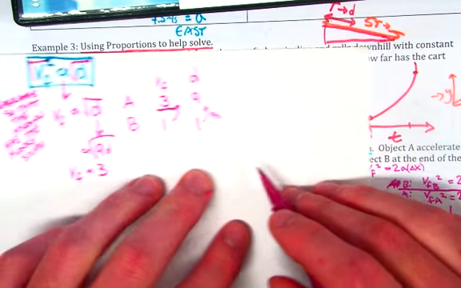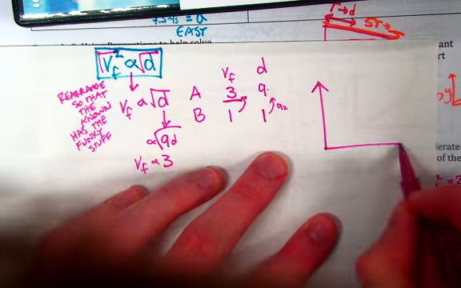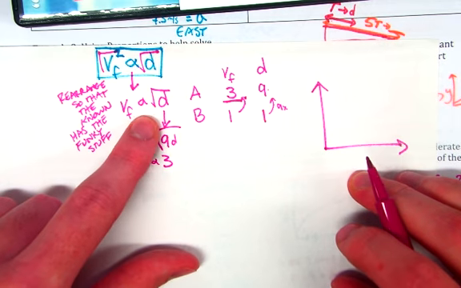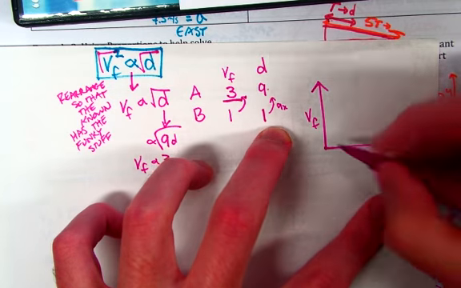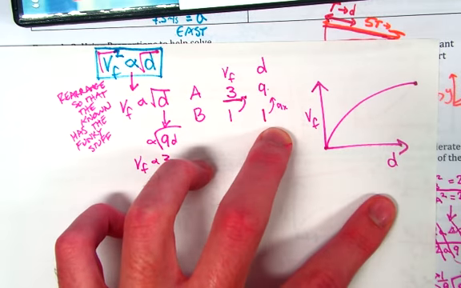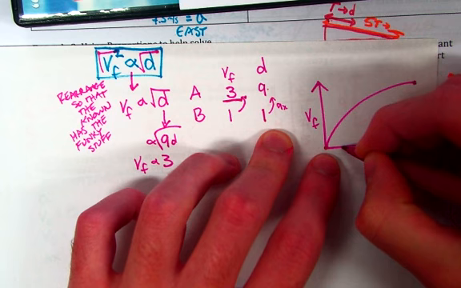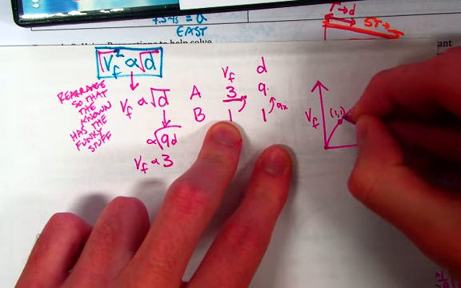Looking at it the graphical way, it's the same situation. I want to use this one where I've already rearranged it. It makes life so much better. So I've got VF, I've got D, and I've got my square root curve. My first point that I plot is the one I compare back to, 1, 1.